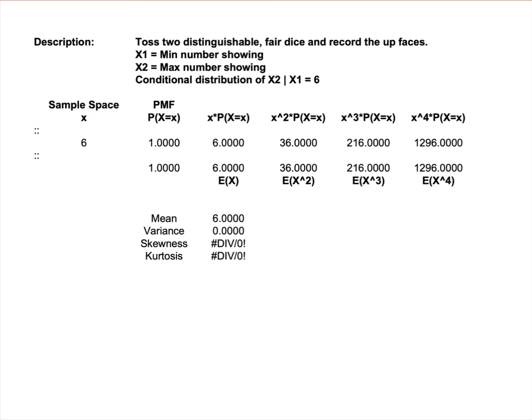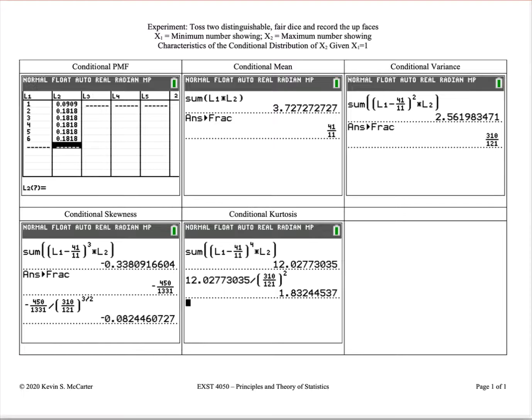Okay, then we can also do this on the TI-84. Here are the commands that you would use on the TI-84 to compute the conditional mean, variance, skewness, and kurtosis for the conditional distribution of x2 given that x1 is equal to 1, or any value of x1 in its sample space, once you have input the appropriate conditional PMF into the list as shown here.